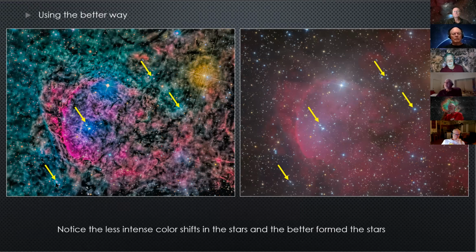These down here are also whitish stars. This yellow star down here is yellow. The stars up here that were green in the previous image are now no longer green. So there is a better way to do this. And as far as I know, other than you and me, by the end of this evening, we're the only ones who know how to do this.